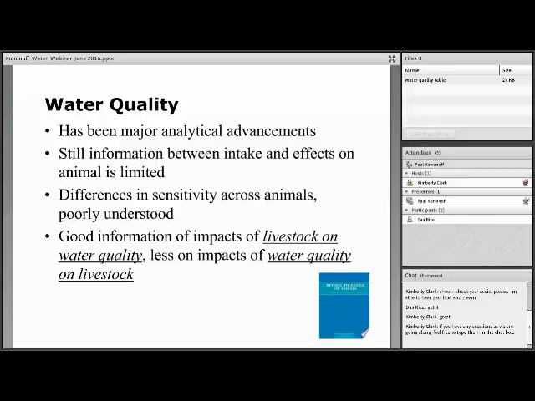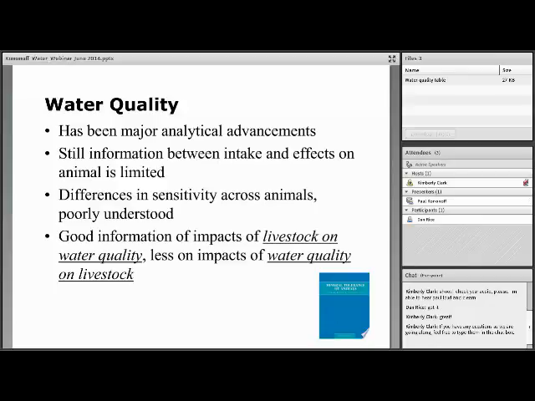The reality is there's still kind of a disconnect between understanding water intake, the constituents in water, and the effects on animal. And there just has not been near as much research looking at the animal effects compared to the analytical advancements.